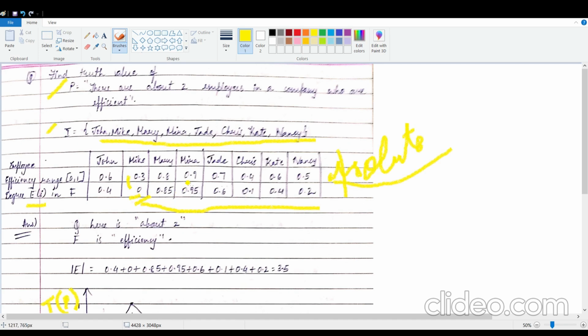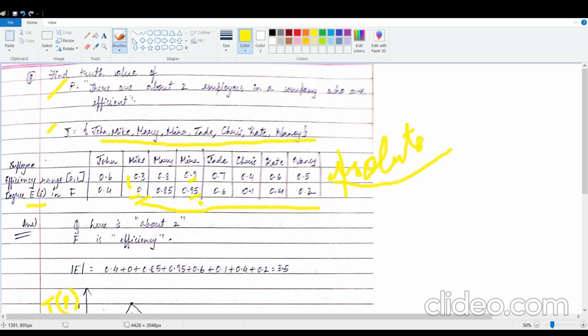Let us look at another comparison with Mira. Mira has 0.9 on the absolute scale, but in the third row she gets 0.95. What does that indicate? She's definitely not 1, so there is someone who is greater than 0.9. It could be 1, it could be 0.98 or something else.